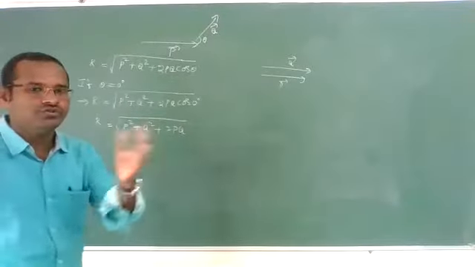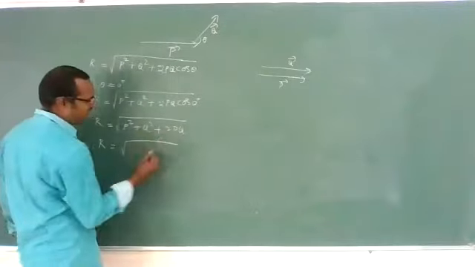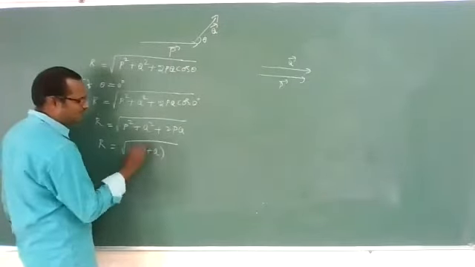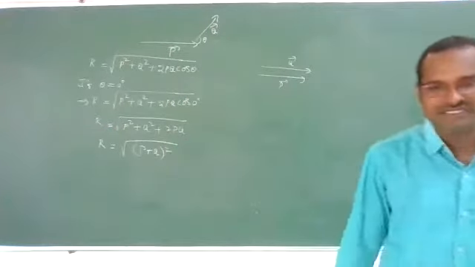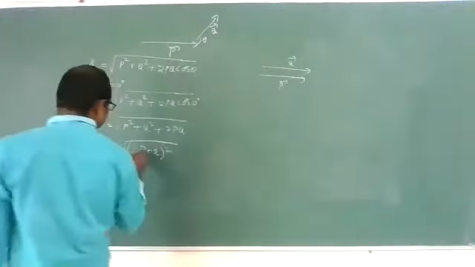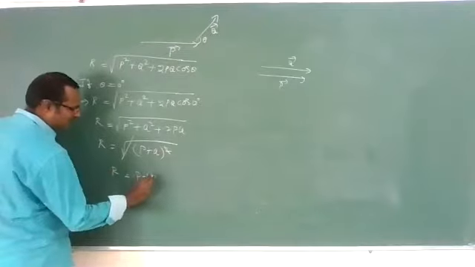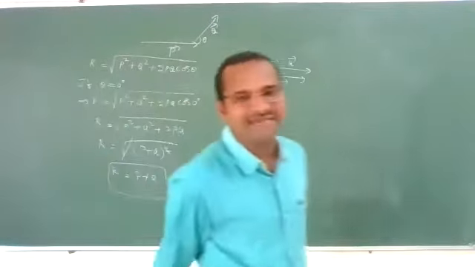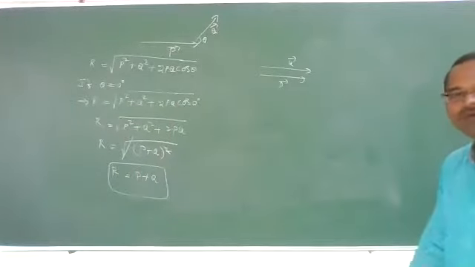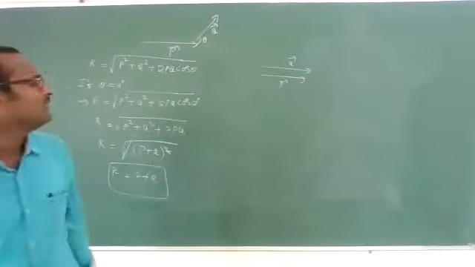That means it will become r equal to root of (p plus q) whole square. Yes, we can write that. The square root cancels, and you get r equal to p plus q only. Simply the addition of two vectors, just like adding numbers. This is what happens when two vectors are along the same straight line.